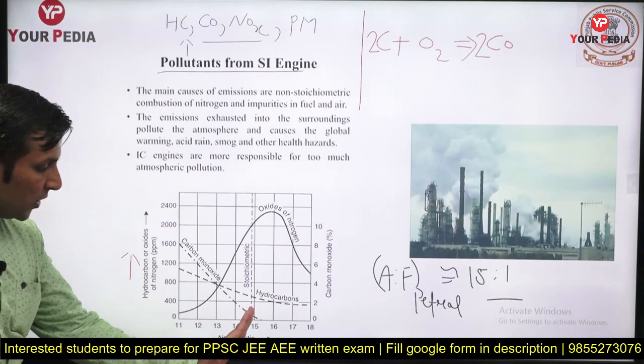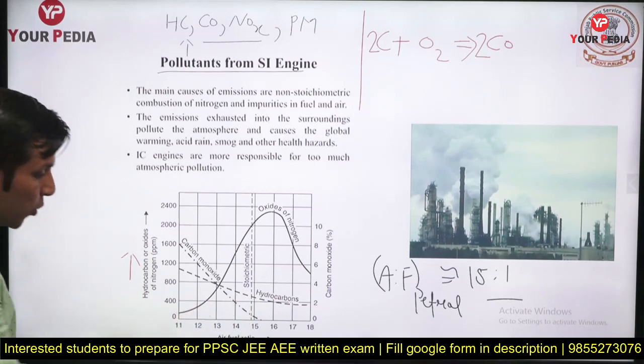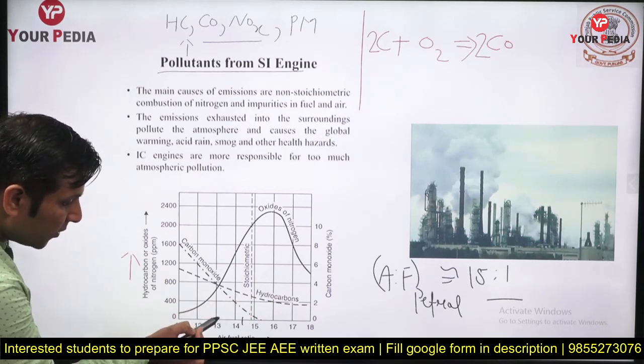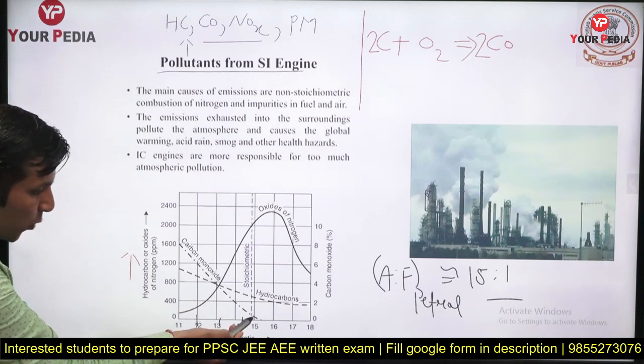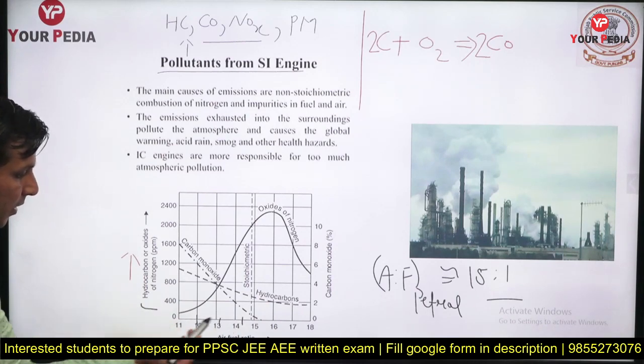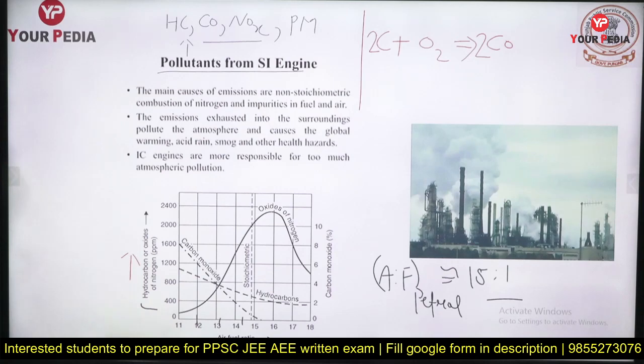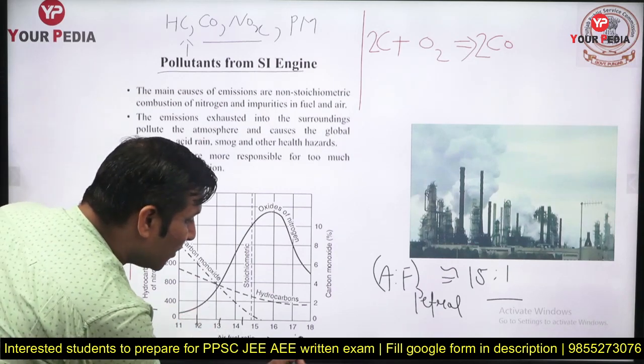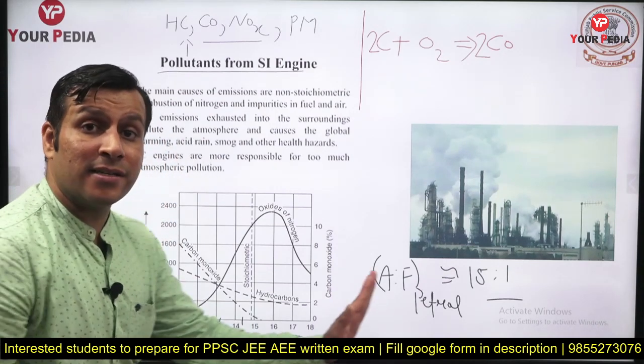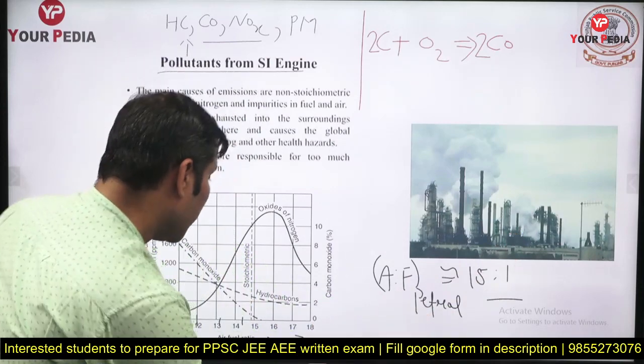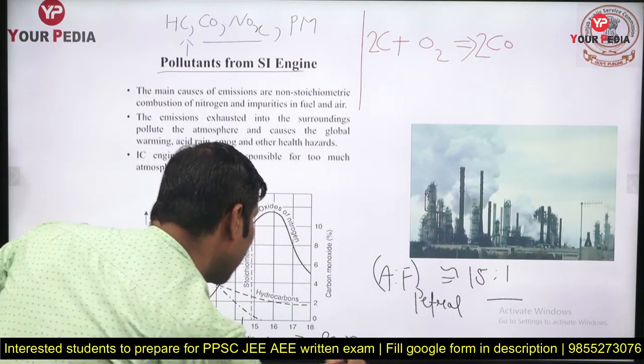And as you increase the richness, meaning you are supplying more fuel, 14:1, 13:1, 12:1, the carbon monoxide emission is going to increase. As the mixture becomes lean, here the leanness is increasing. And here what is increasing, children?